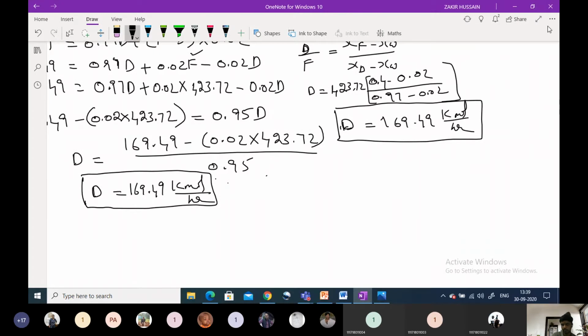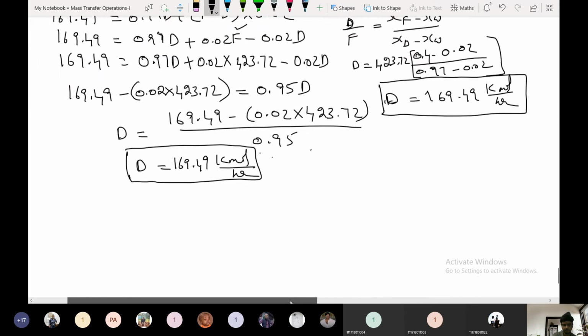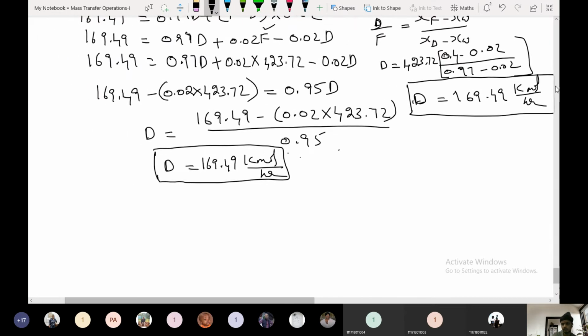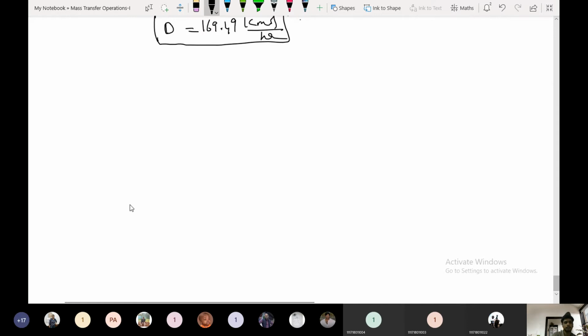So how to draw that equilibrium curve? Directly we will use graph paper.